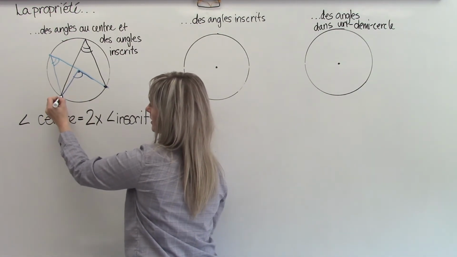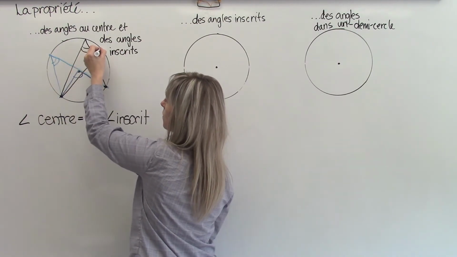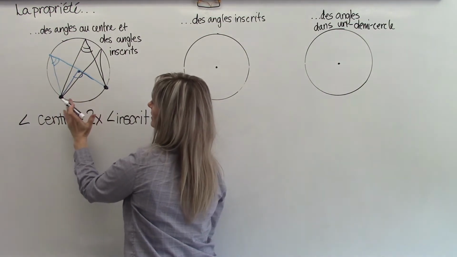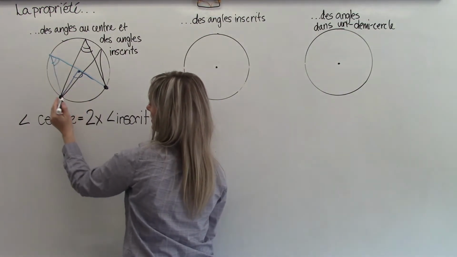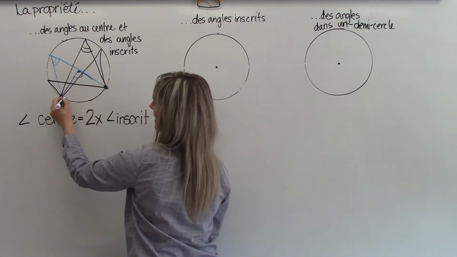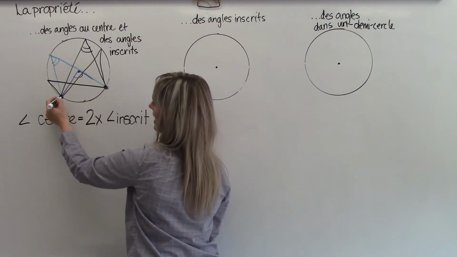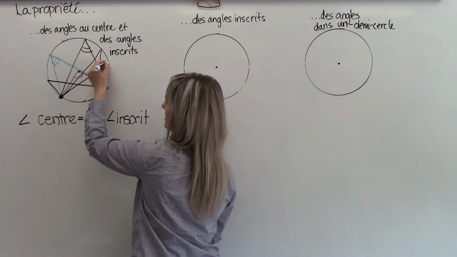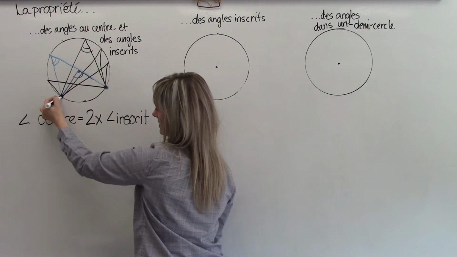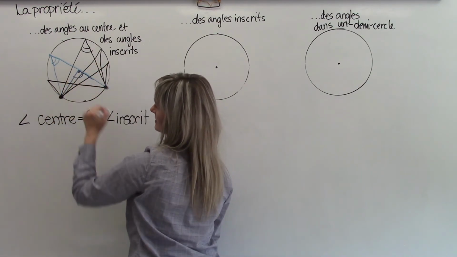So I can put an inscribed angle no matter where I want to, as long as I start at these 2 points and I go this way somewhere. So I could go right here. I cannot go backwards though. Any angle that I draw to the outside and back to that same spot, if I start at this spot, will be half the size of the center angle.